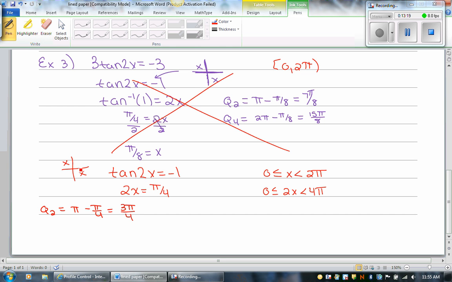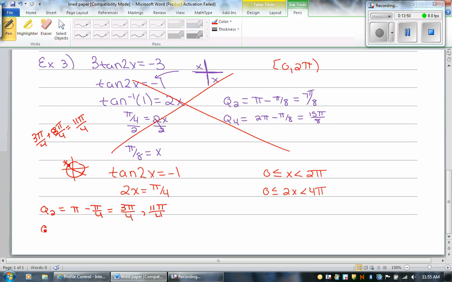Remember, we're going to be going around twice, so I'm going to take this and add 360, another way to say 360 is 2 pi, of course. So this becomes 8 pi over 4, so this becomes 11 pi over 4. All right, so we get 3 pi over 4 and 11 pi over 4. And again, those are on the same place on this unit circle. We're just hitting it twice.